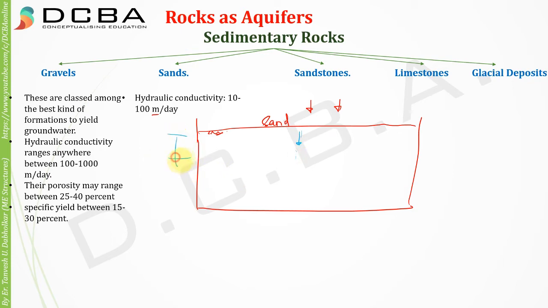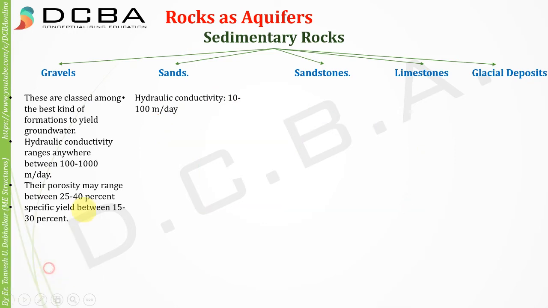So the height that it can travel, no matter what the area is, is 10 to 100 meters per day. Porosity of 25 to 40% and specific yield of 15 to 25%.